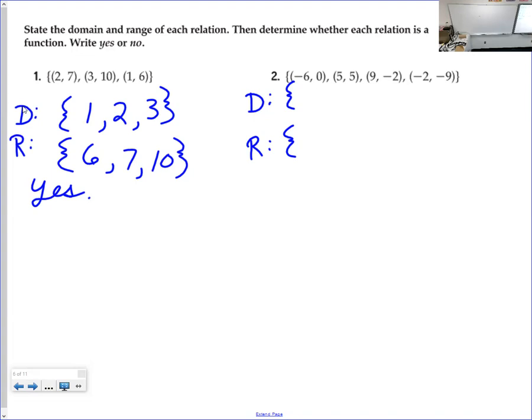Someone want to share what they got for domain? Yeah. -6, -2, 5, and 9. And how about our range? Jameer? -2, 0, 5.